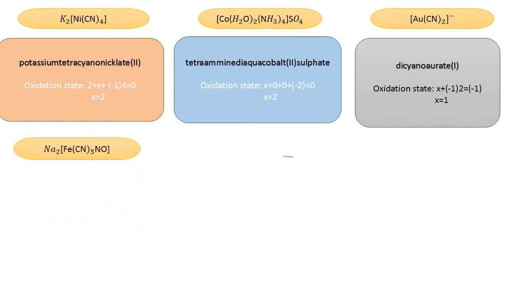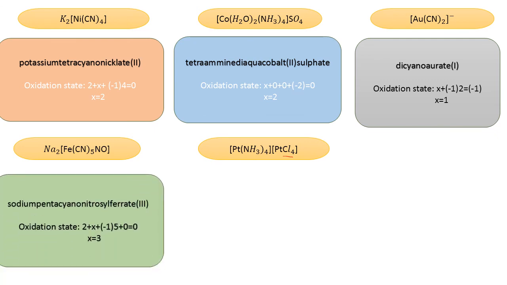In the next example, here the ionization sphere is positive and the coordination sphere is an anion. Writing the name as sodium pentacyano nitrosyl ferrate 3.